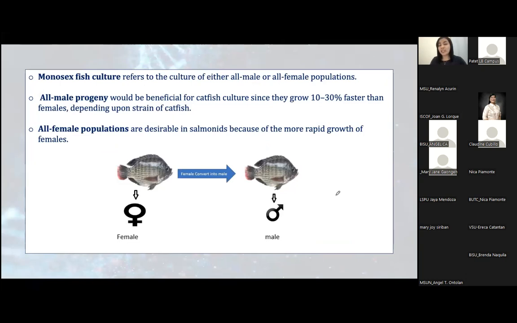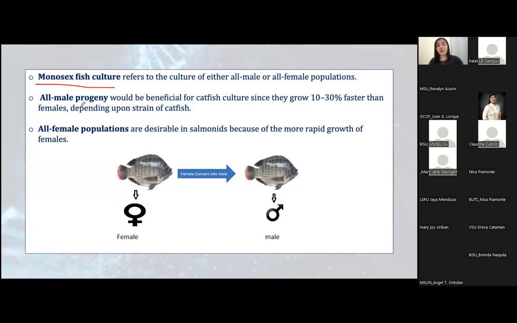May sumagot kanina na monosex fish culture. Monosex fish culture, class, refers to the culture of either an all male or all female population. Under monosex fish culture, if you will read other articles, may ginagamit din dito na synthetic hormones in order to change the sex of a fish, for example, from female to male.